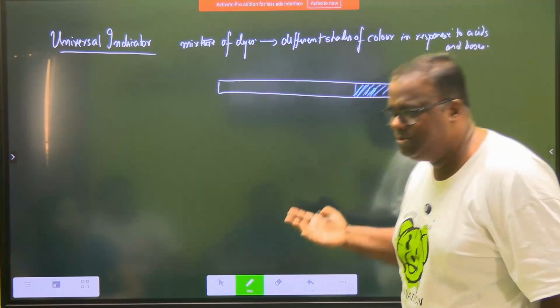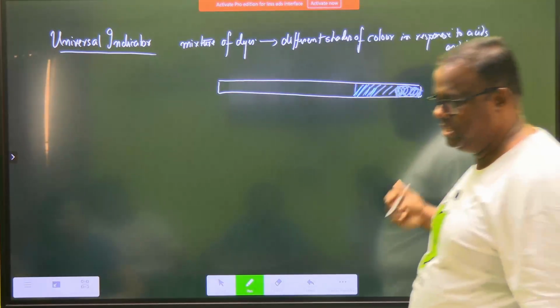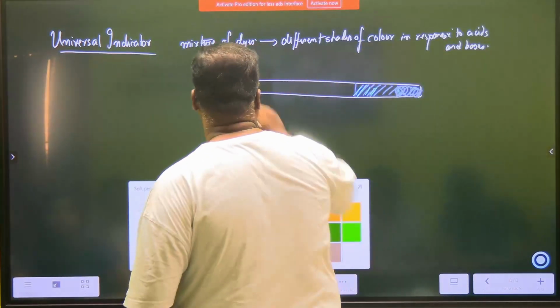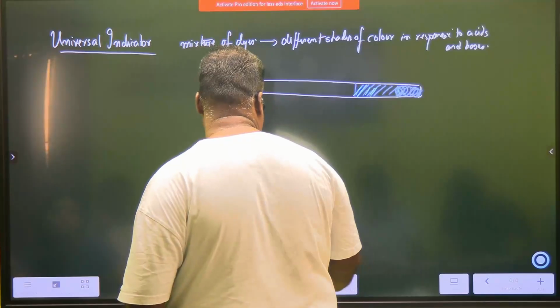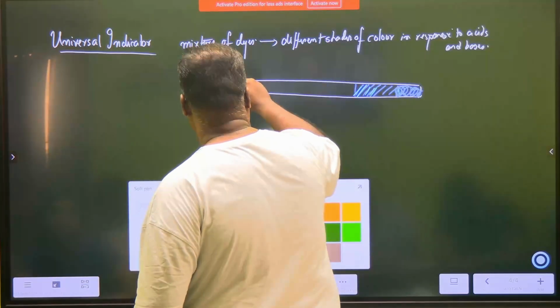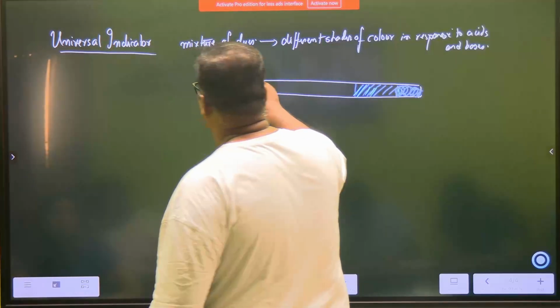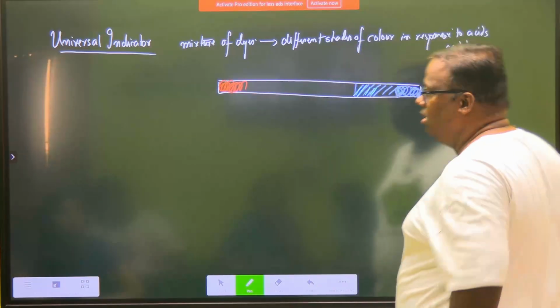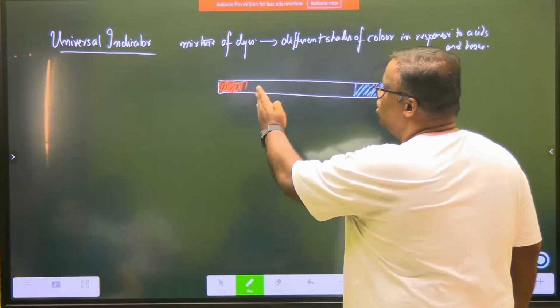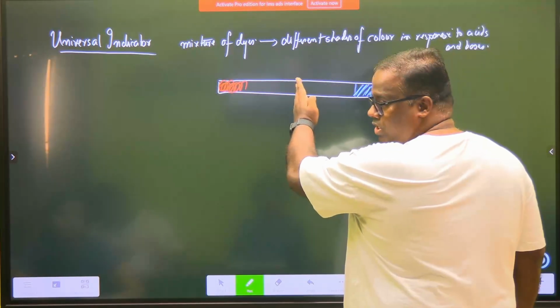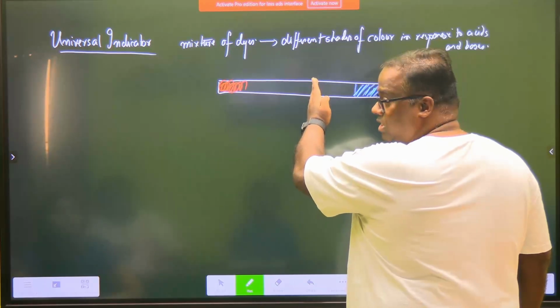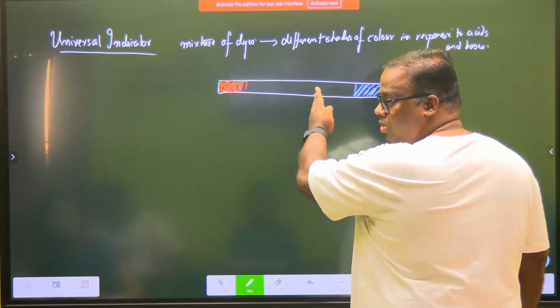Because you know the litmus behaves as blue means basic, right? And the scale will have an extreme bright red on this side, red, mildly red, orangish, yellowish, then it will become green out here, showing you neutral.